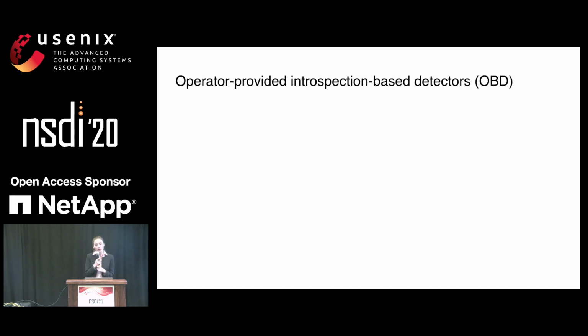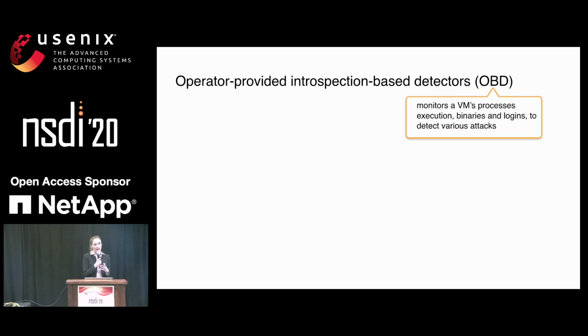Currently, a lot of cloud providers, for example, Azure, offer something called OBDs. These are basically introspection-based detectors. They are monitoring agents that, if you enable them in a VM, monitor the process execution, the binaries, the VM logins, and they even use machine learning to detect various attacks.